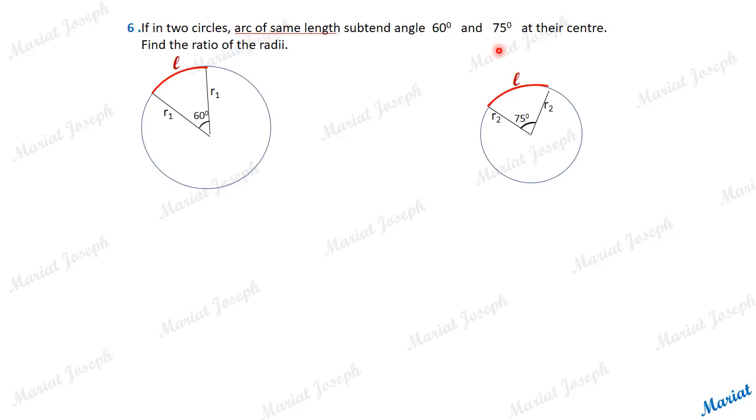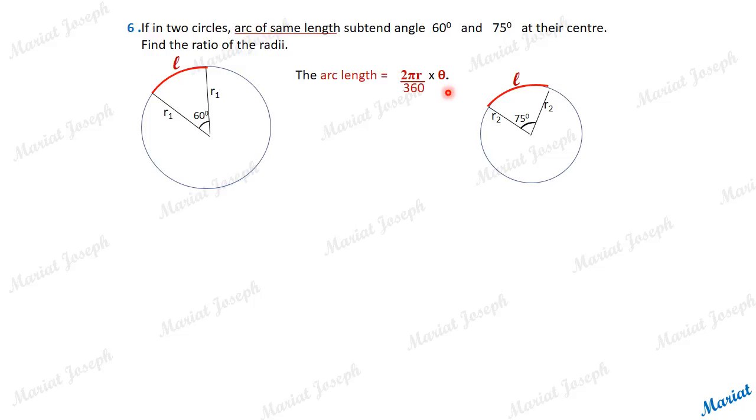Let us take the radius of the first circle to be R1 and the second one to be R2. So, from the first one we can say, using the arc length formula, the one which we used just now, arc length is equal to 2 pi r by 360 into theta.